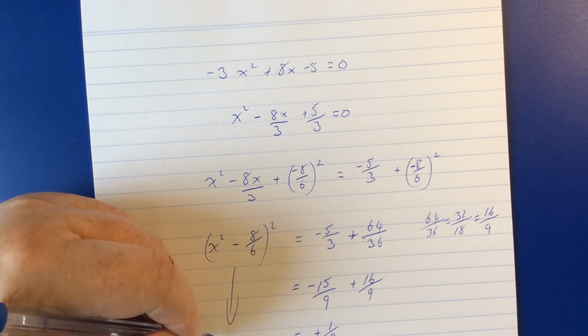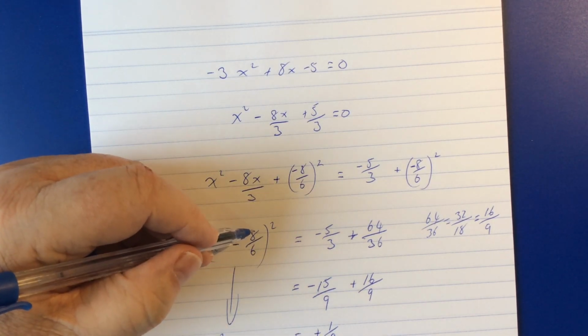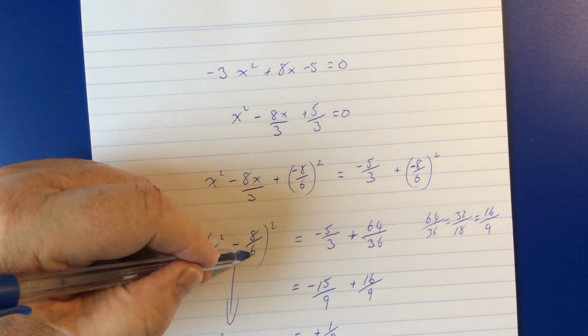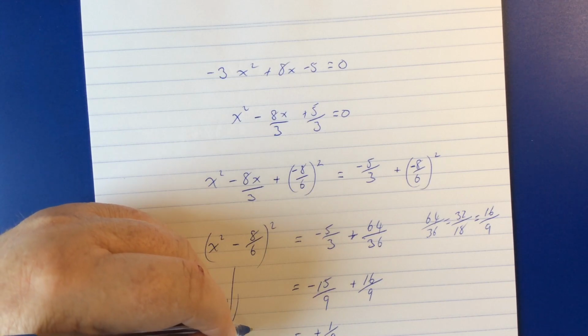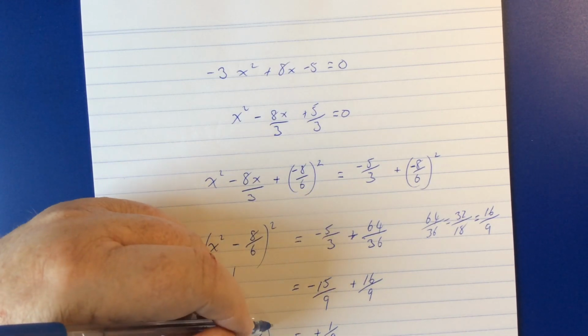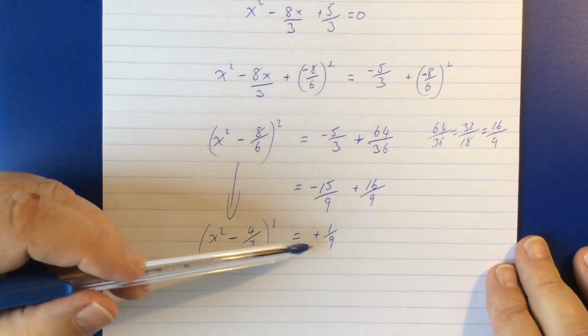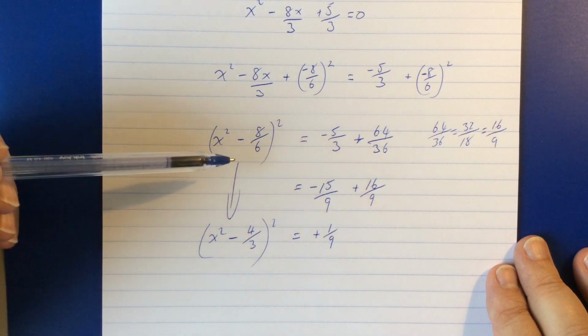I've got x squared, and without spoiling too many surprises, I'm going to simplify this. That is 4 on 3, all squared. Now, sorry, I didn't have that in frame. So that plus that equals 1/9.